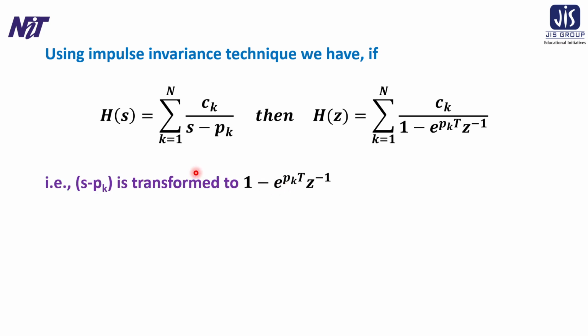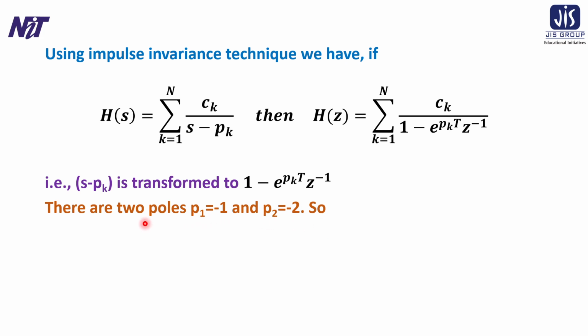That means S minus pk is transformed to 1 minus e to the power pk T into z to the power minus 1.